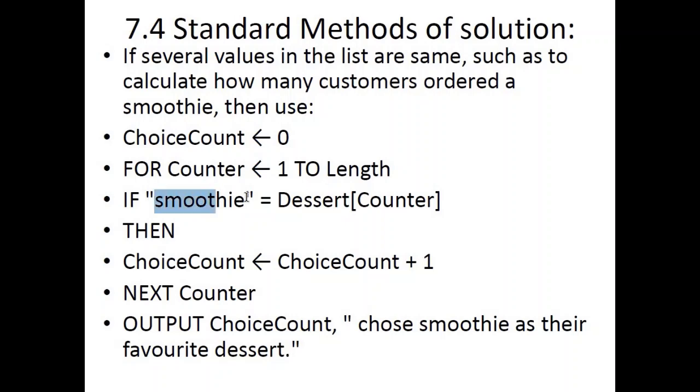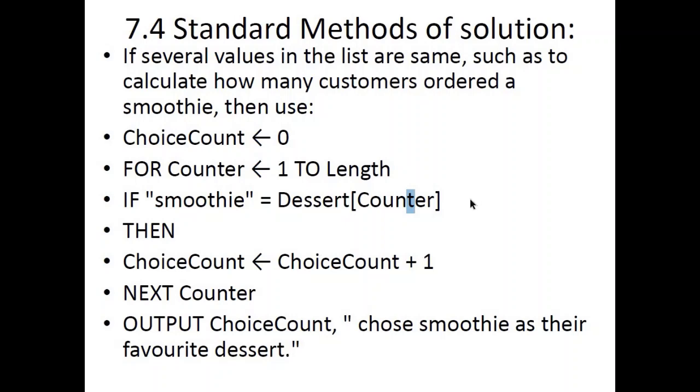If smoothie matches the stored value in dessert[counter], then you just keep on adding 1 to the choice count, and at the end of the running of the loop you simply output choice count chose smoothie as their favorite dessert.